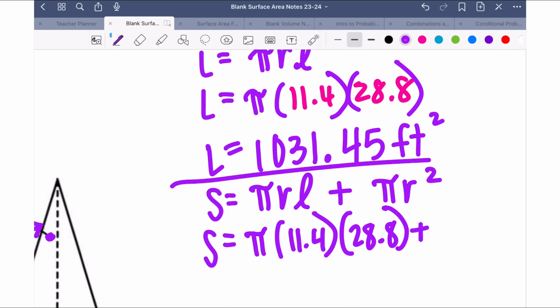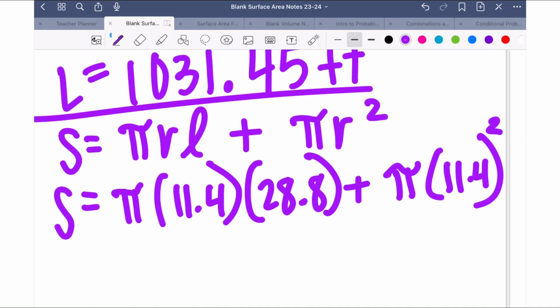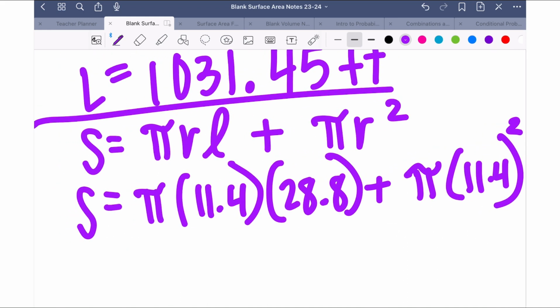Plus pi radius squared. I ran out of room, sorry. Okay, write that all down. So we plugged in the radius, the slanted height, and then the radius.